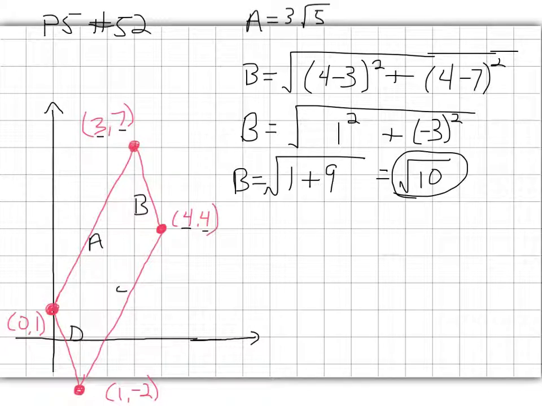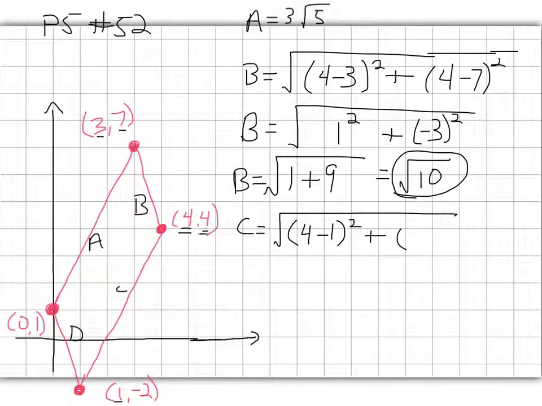Doing a similar calculation for C. Difference in our x's, right? We're going to have 4 minus 1 squared, plus the difference in our y's, which is 4 minus a negative 2 squared.